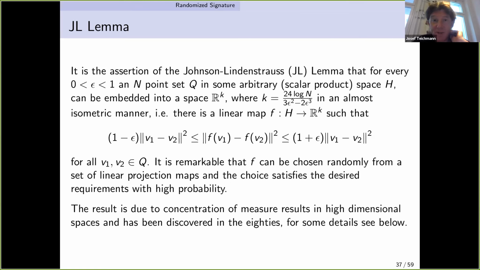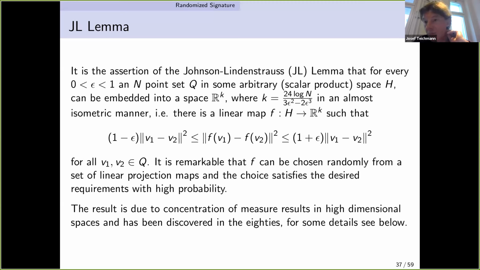The Johnson-Lindenstrauss lemma tells that if I have an n-point set in a scalar product space, then I find a space of dimension k, where k is approximately the smallest integer larger than 24 log n divided by 3 epsilon squared minus 2 epsilon to the power 3, such that there is an embedding of the n-point set into this low dimensional space, which is almost isometric.